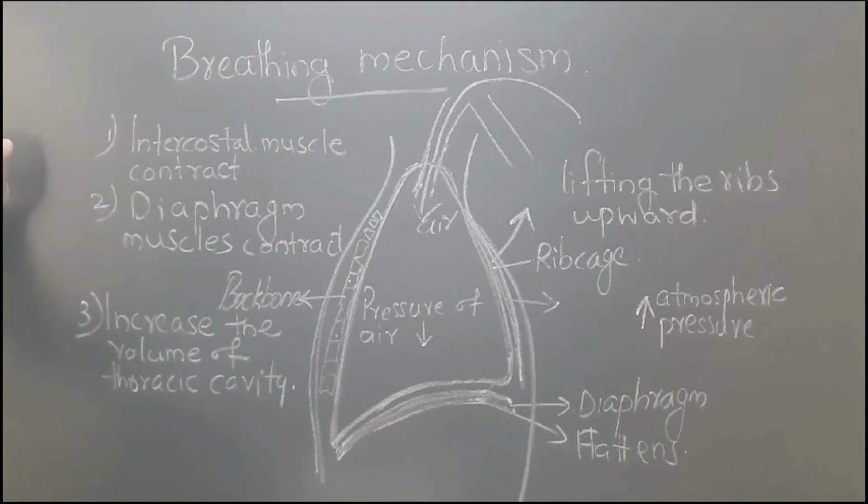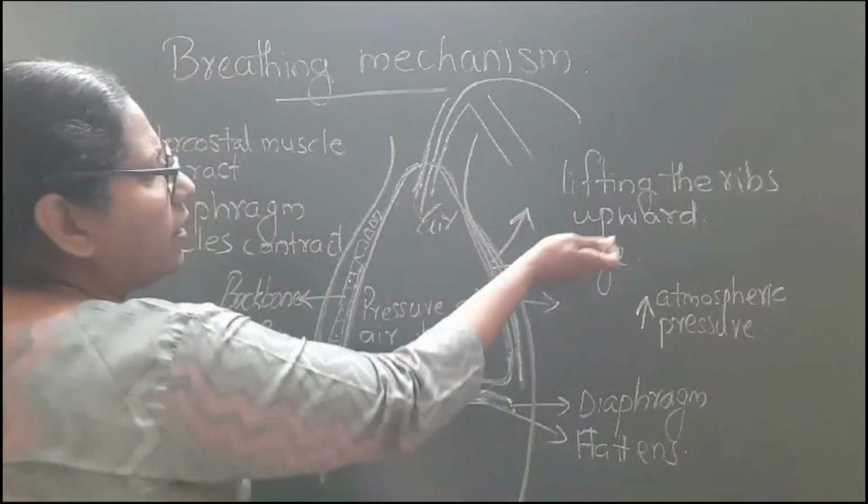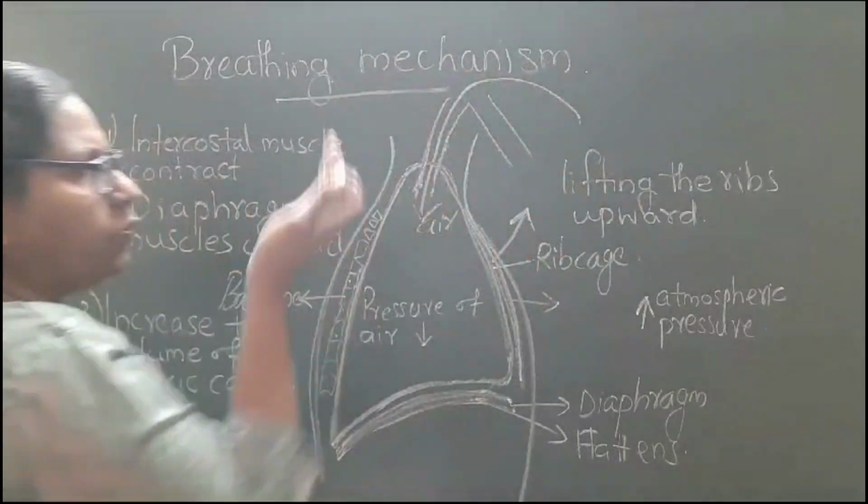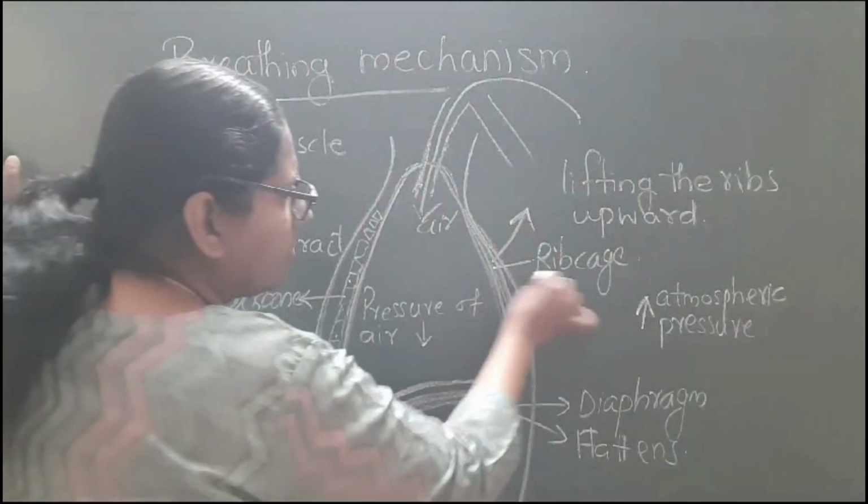Now let's see. When we breathe in, our intercostal muscles contract. When the intercostal muscles contract, our ribs lift upward.